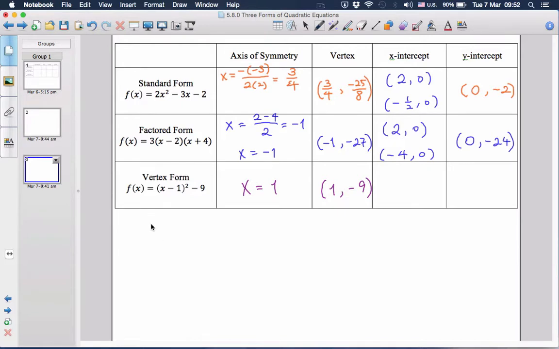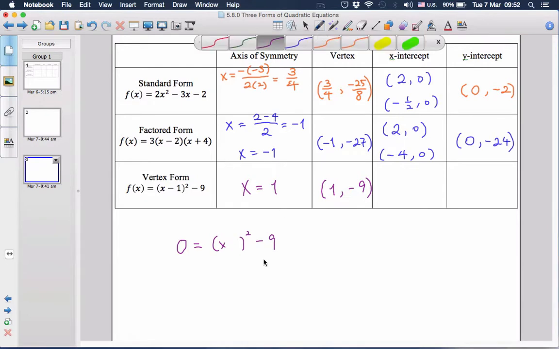I would encourage students to use that as a strategy. So I'm replacing the y with 0 and solving for x. X minus 1 squared. Aha. And as you're working this, rather than expanding, I would encourage you to use inverse operations. Add that 9 to both sides.